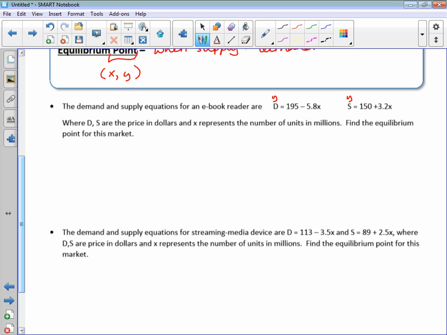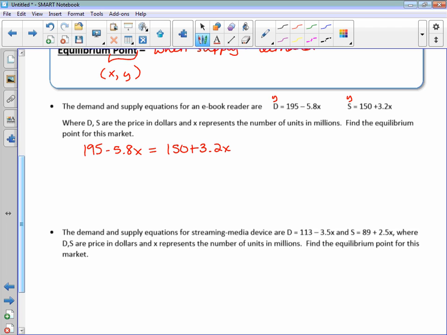So we're going to do 195 minus 5.8x equals 150 plus 3.2x. So then we are in algebra 1.